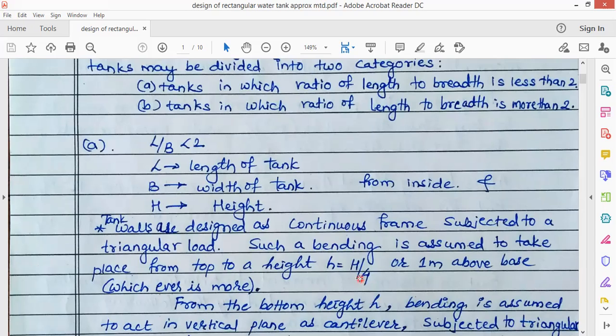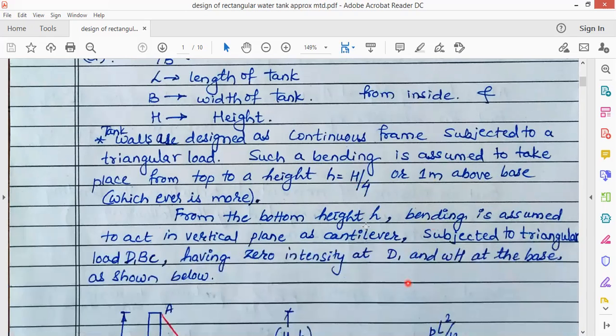So whichever is higher, we are going to consider in the design.